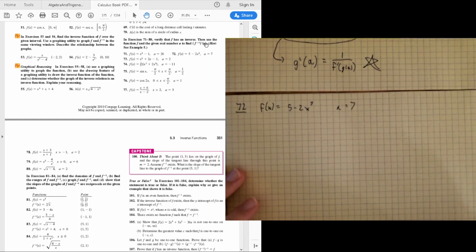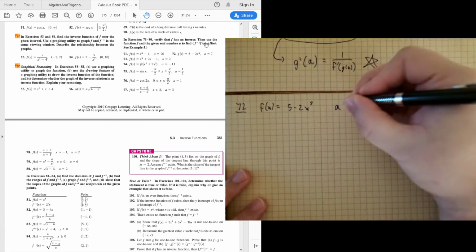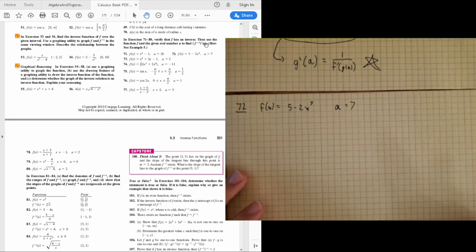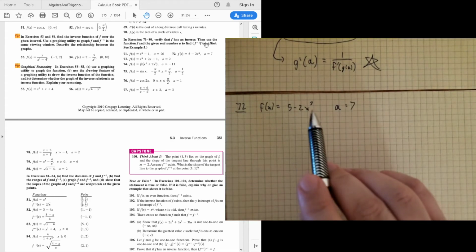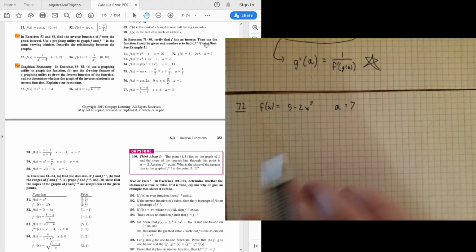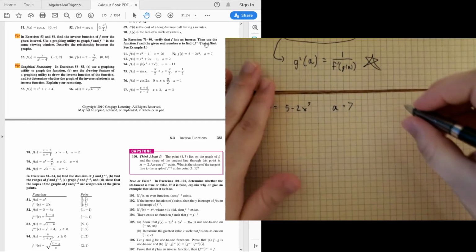Okay, first of all, I want to find not just these three components, like f prime and g. I can also find one more thing, which is g of a. I actually don't need g of a.